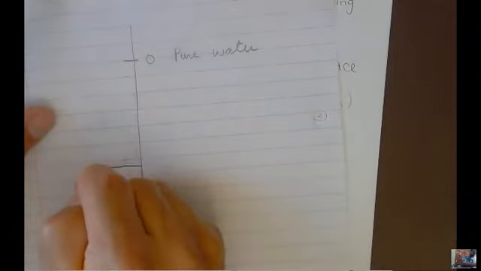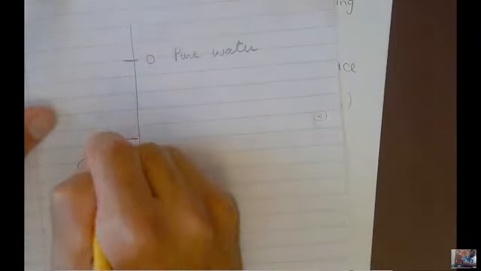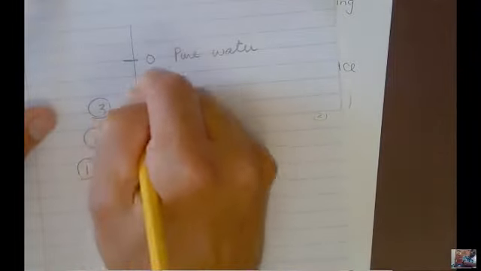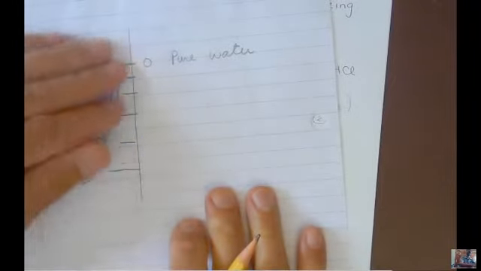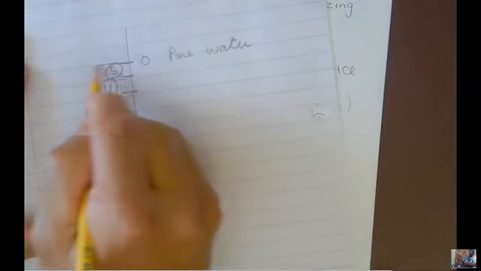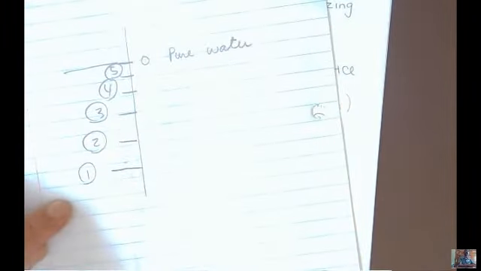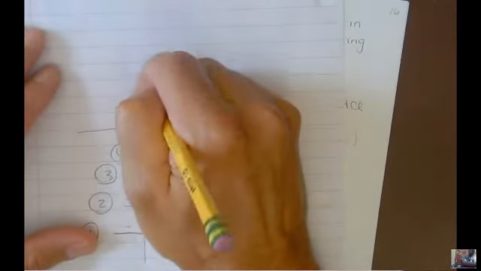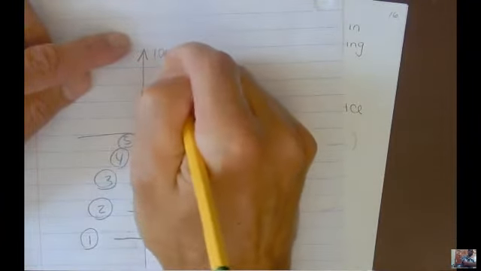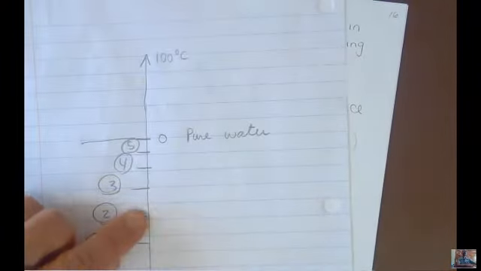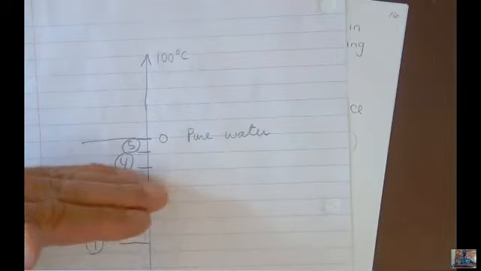The freezing point of number 1 would be down here, followed by 2, followed by 3, followed by 4, followed by 5. They're all going to be slightly less than 0, negative numbers, and that's the order that they're going to go up. And here it goes up all the way to 100 degrees C for pure water. So does that make sense? They're all below.